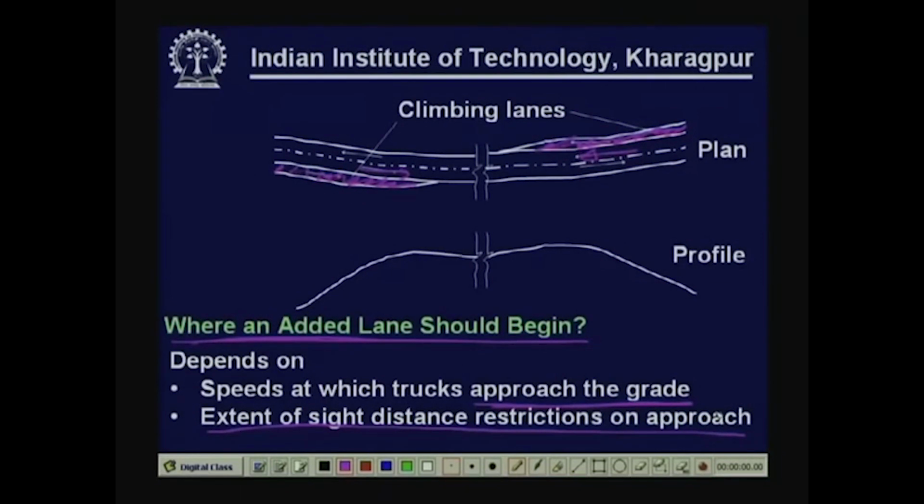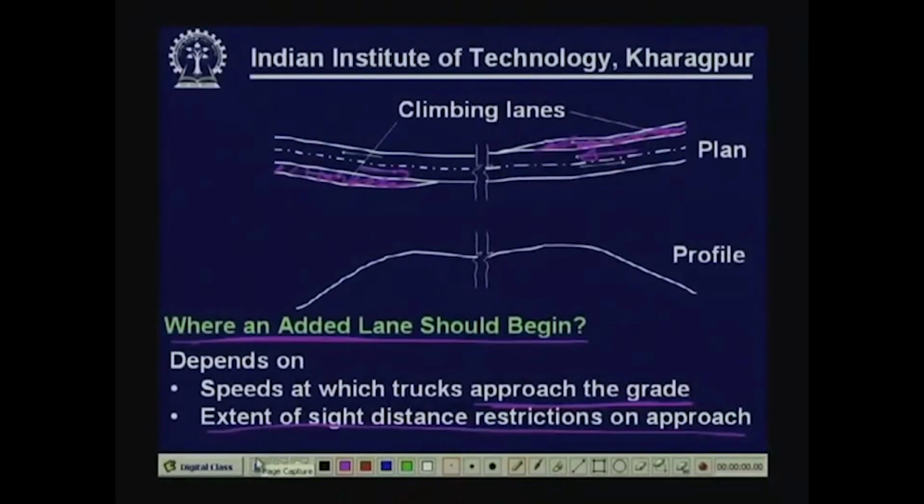This is very crucial, because sight distance availability seriously controls, or has a serious impact on, safety as well as passing opportunities. So, whether there are any restrictions to sight distance, these two conditions will decide where an added lane should begin.